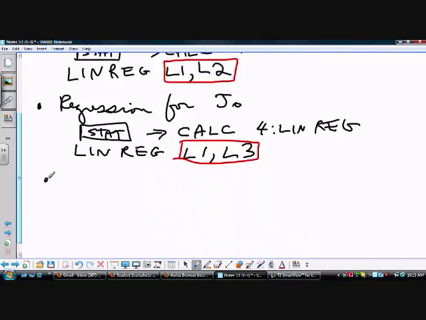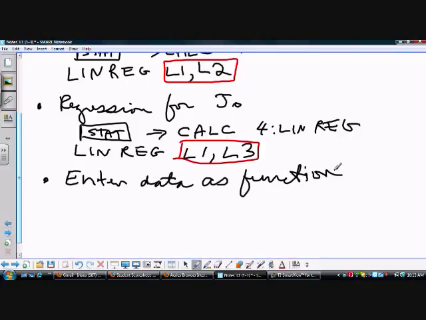Okay. Then we entered the data as a function. So that means we went to the y equals button. You hit that one, and then you typed in your equations.